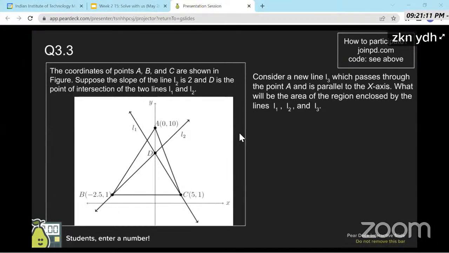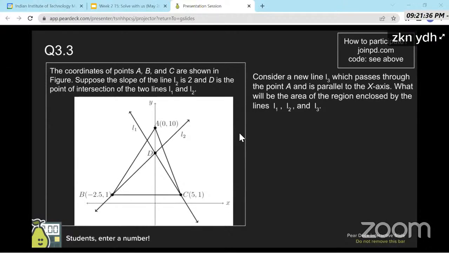But what is the theorem you're using behind it? I'm utilizing the ratio of point D cutting the y-axis at a certain ratio, right? Yes, that's right.